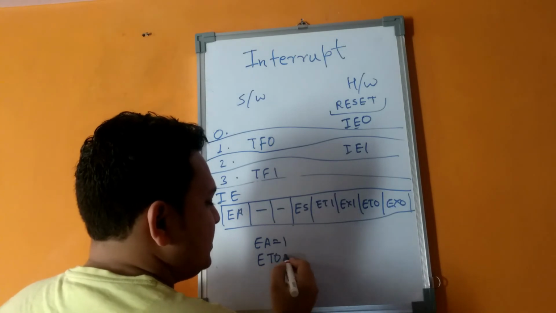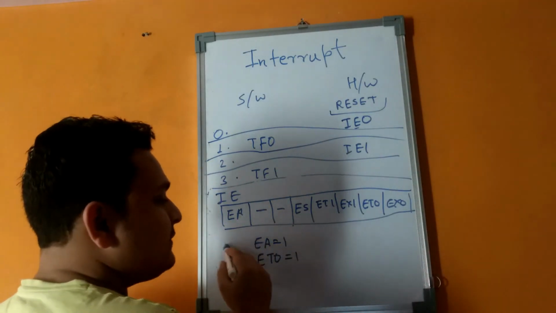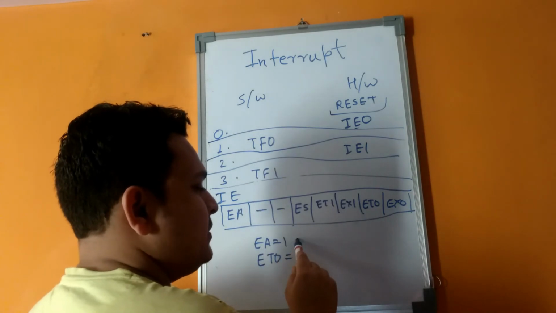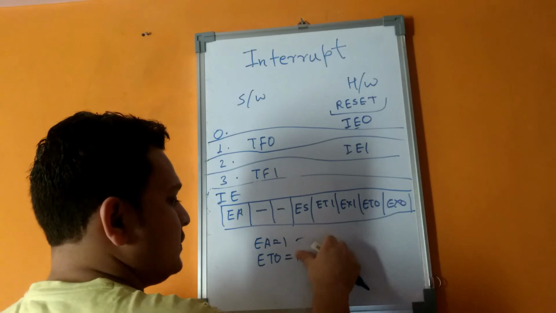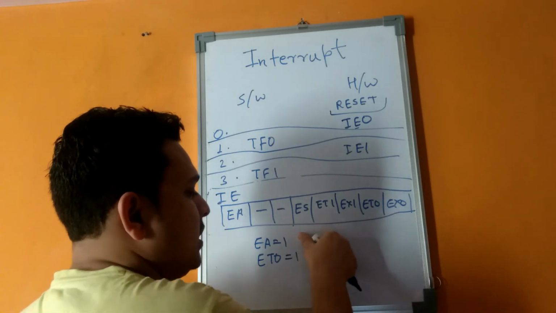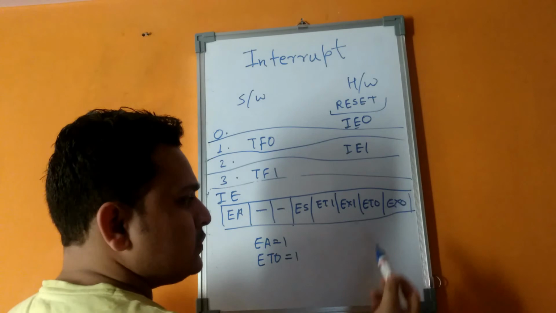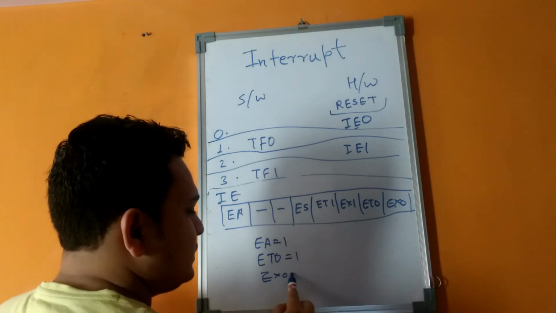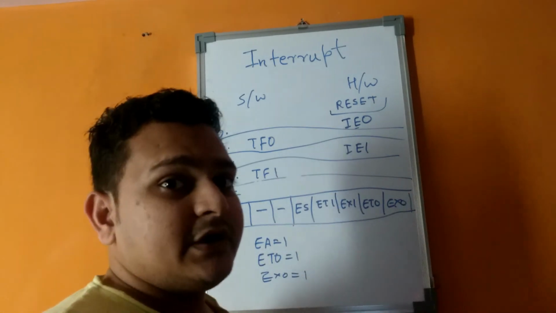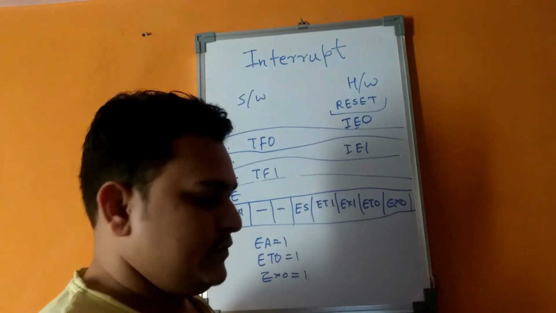So I will make ET0 equals 1. So now the compiler will understand I am using a timer 0 interrupt. This is how we initialize the interrupts. Suppose you are also using external interrupt 0, then you can write EX0 equals 1. So the compiler will understand we are using two interrupts, ET0 and EX0.